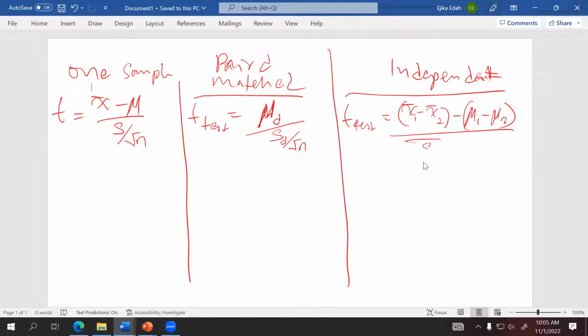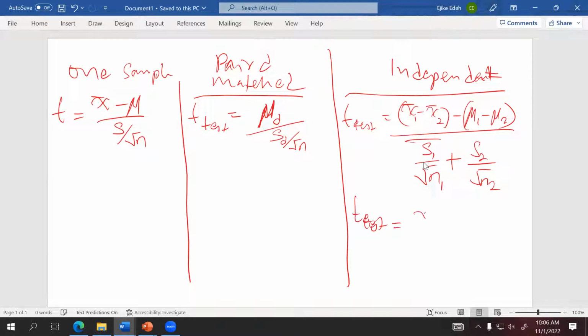That is the standard deviation of group 1 divided by the square root of n of group 1, plus the standard deviation of group 2 divided by the square root of n of group 2. But I can rewrite this formula a little bit. You could use this, totally right, but in some texts you're going to see something slightly different, though they are technically the same thing.